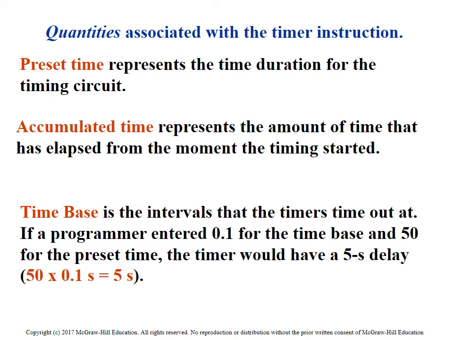And then the time base is not really used in the 5000, but we want to make you aware of it. In the 500 version, the time base is the value of how many seconds or milliseconds, 0.01, 0.1, and 1, so you can switch it to vary the timing.